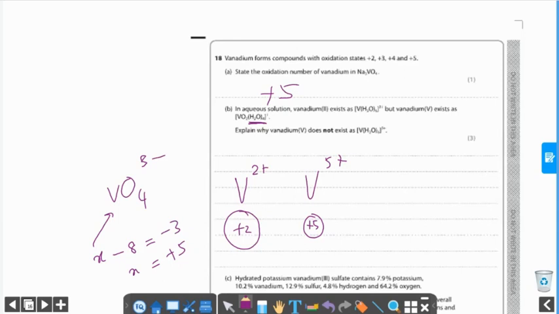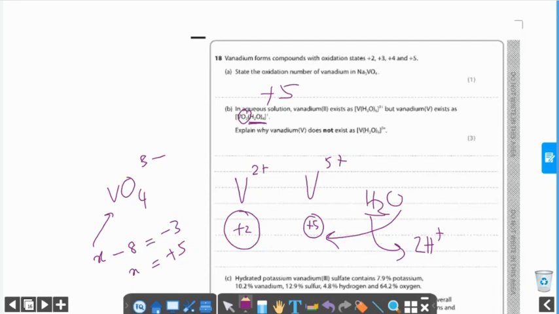It has formed from H2O turning to O2−, meaning hydrogens are given and only the oxygen is retained. Because of the greater polarizing power of vanadium +5, it has polarized 2 of the 6 water molecules and removed H+ from them.